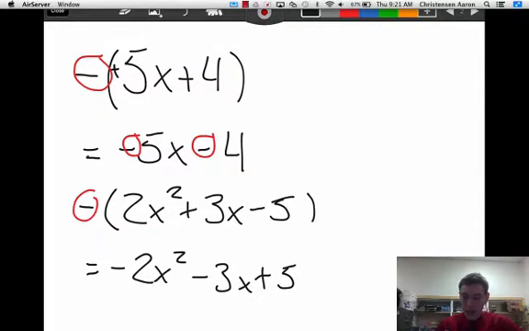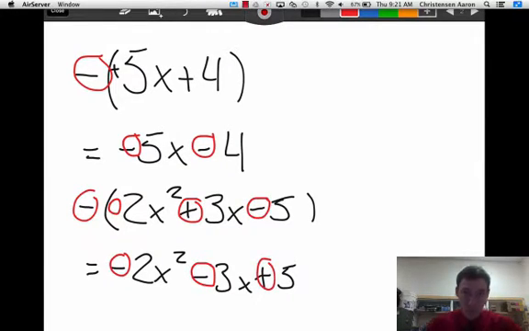It just changes them all to the opposite sign. So we went from a positive 2x squared to a negative, from a positive 3x to a negative 3x, and from a negative 5 to a positive 5. That's all that this negative out front is doing. Okay?